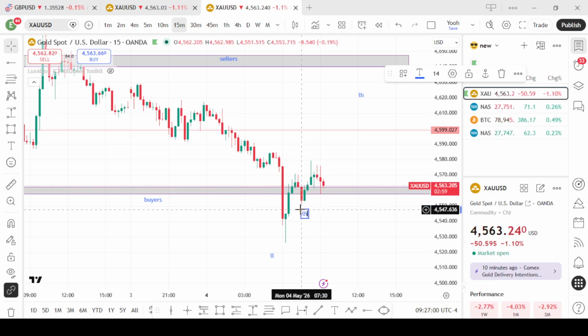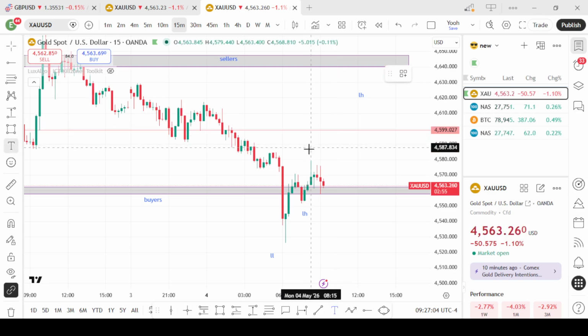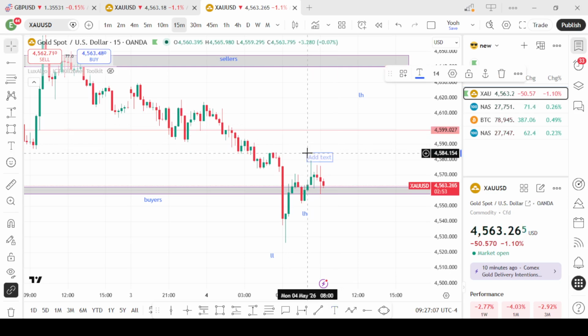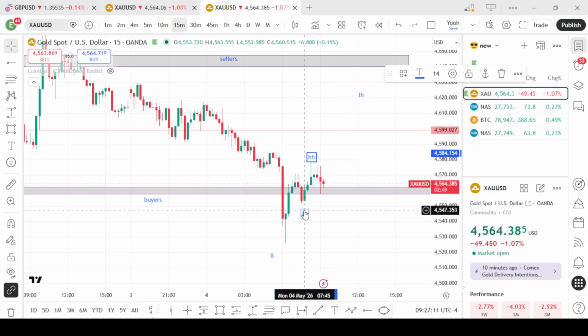It formed a lower high here. And higher. Lower high. No. These terms are so confusing. It made a higher low. It made a higher low and a higher high.